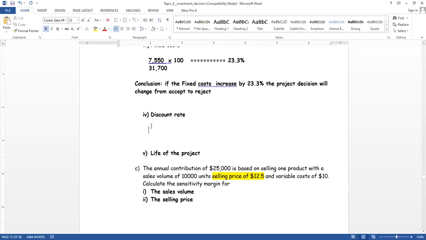So in other words, if I have here 0, I have the initial investment as 40,000.